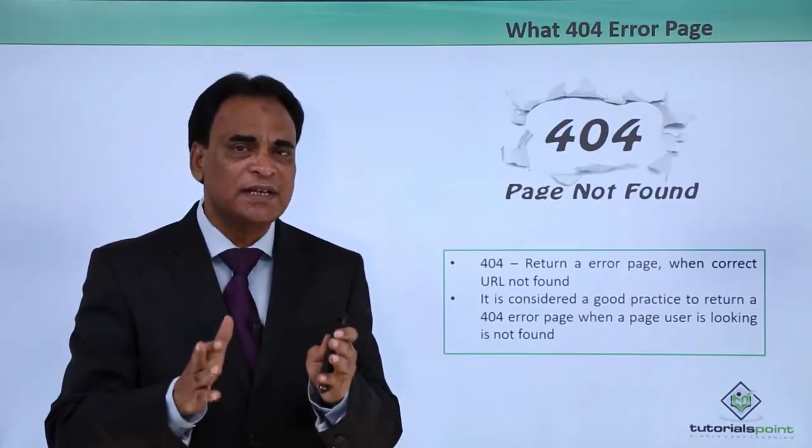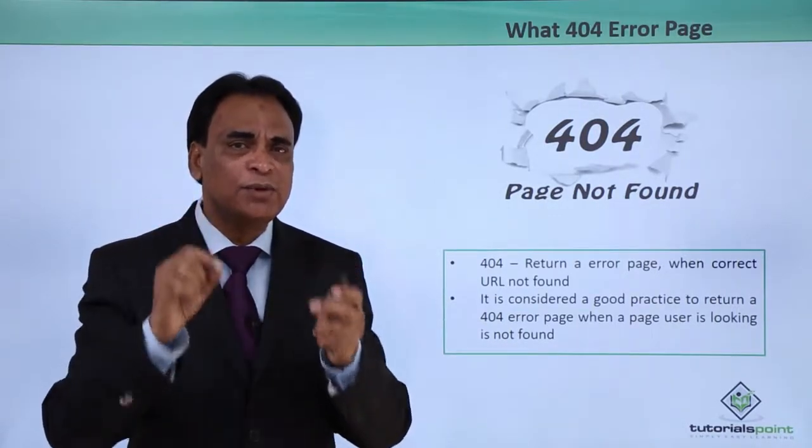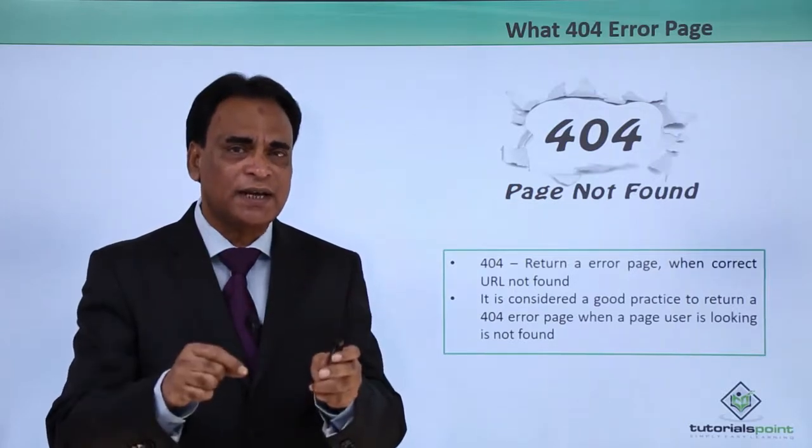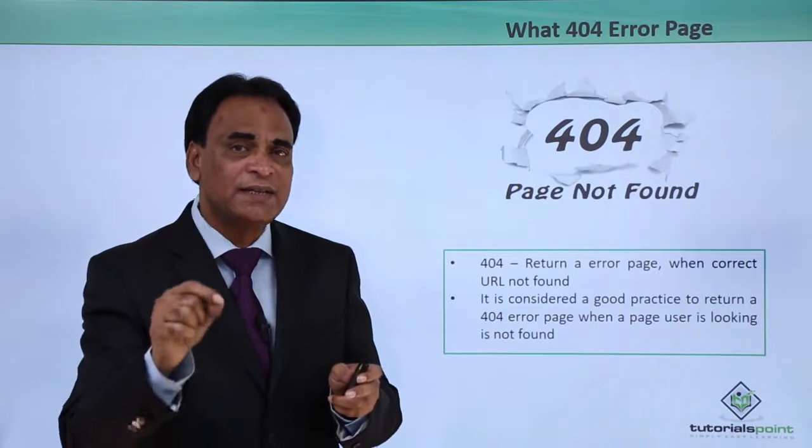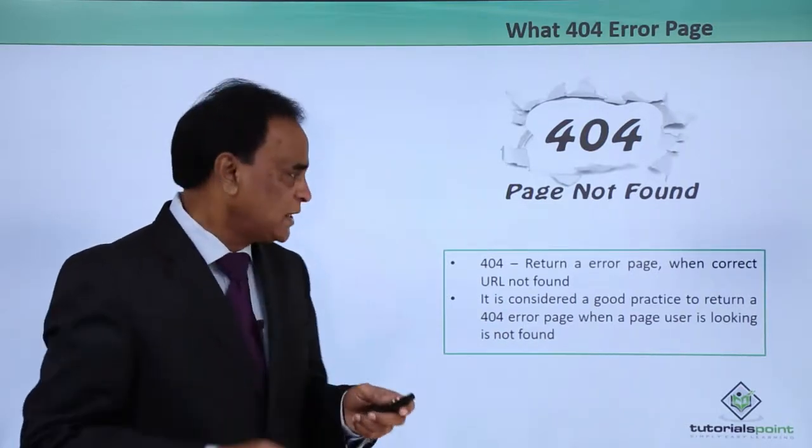A 404 error page basically means that when the user doesn't find a page on the website, they are directed to the 404 error page. From there they can come back to the website.